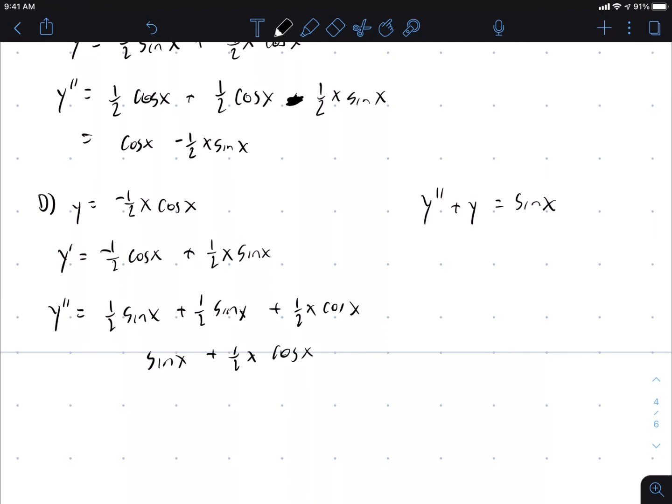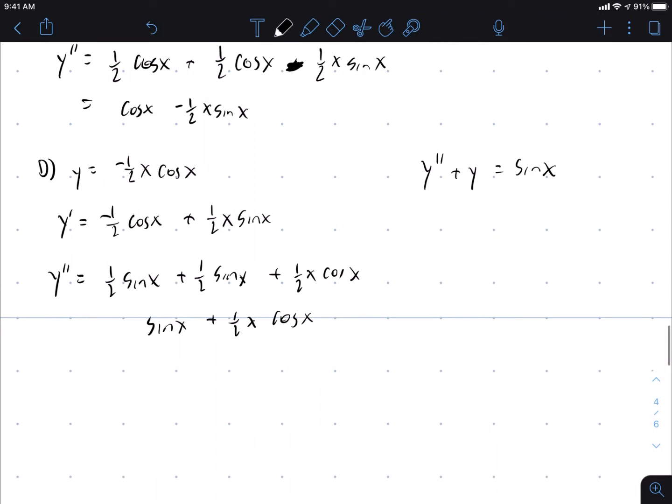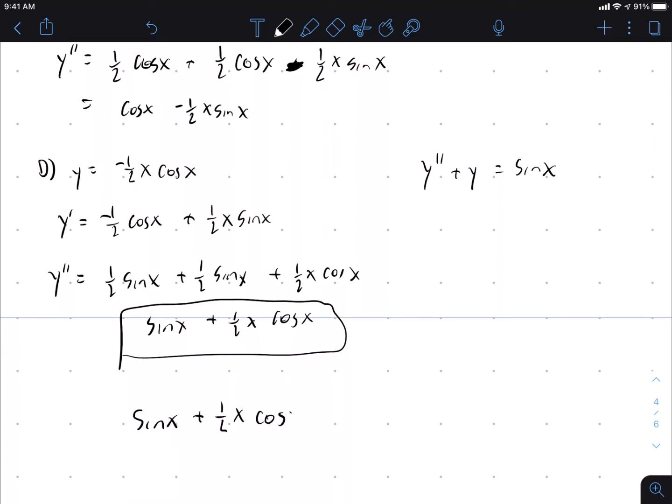Does that help clarify the process for you? Well, how does it work if you have the 1/2 x cosine instead? Okay, so remember, this here is y double prime, right? So there's my y double prime. What is my y? There's my y, minus 1/2 x cosine. Yep.